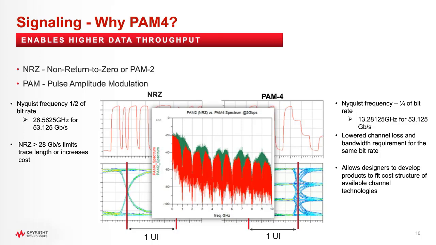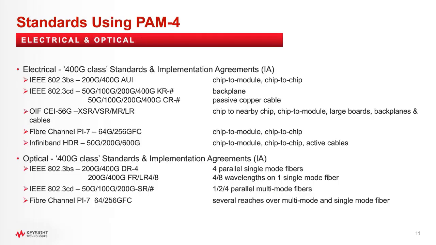The Nyquist frequency of 53.125 gigabit per second NRZ system is 26.5625 gigahertz. PAM4 requires a half of it, so that PAM4 system allows designers to develop products to fit cost structure of available channel technologies. This is a busy slide.